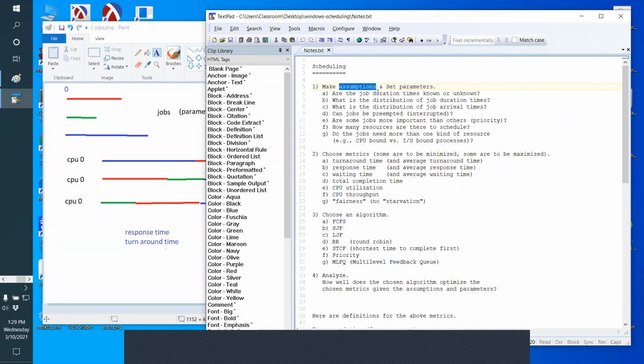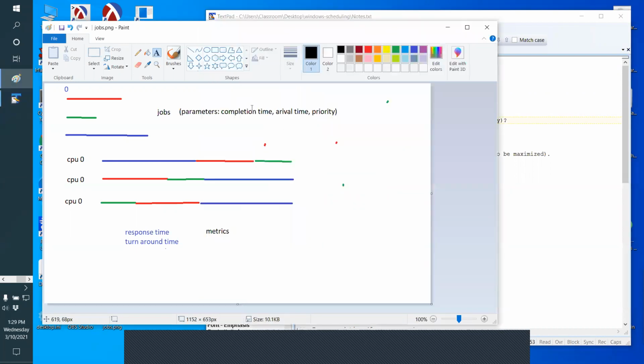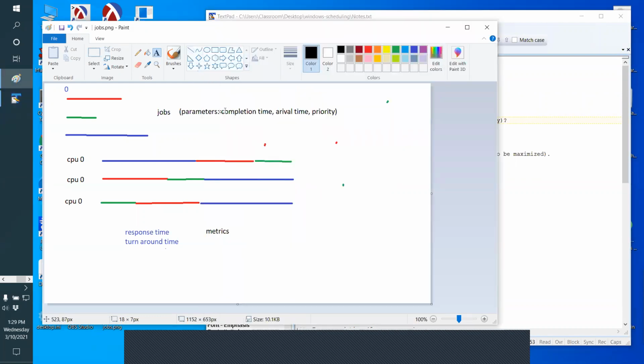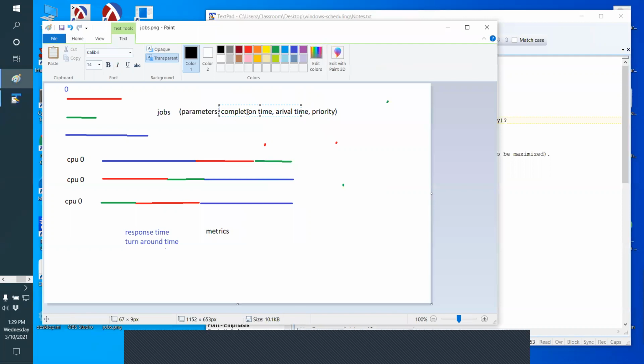But that's an example of an assumption you can make, that all the jobs take the same amount of time. Some jobs are more important than others; that's priority. So the first thing is you choose what parameters you have. Are all the jobs the same completion time? Do you have a mixture of short jobs and long jobs?